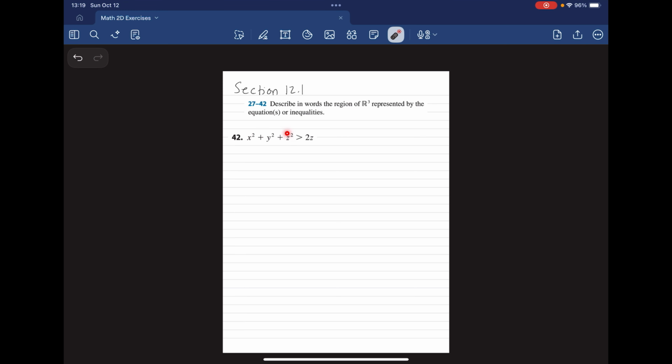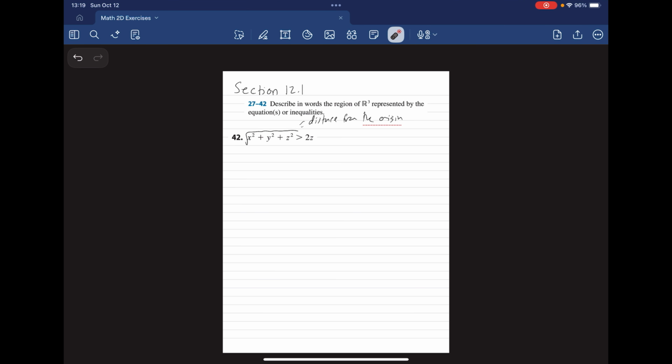But the thing that gives that away for me is that when you sum up these squares, you get some kind of distance, right? And especially if you take the square roots, then this is the distance from the origin.